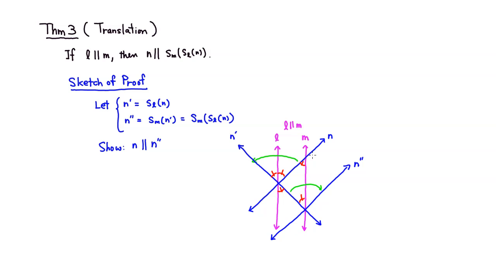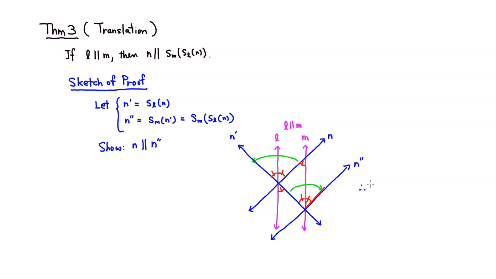Then since this is a reflection, the angle is preserved, so this is congruent. Then we are basically done, because you can see that here is a Z property again to show that n and n double prime are parallel to each other.